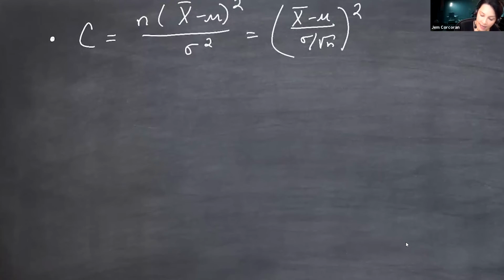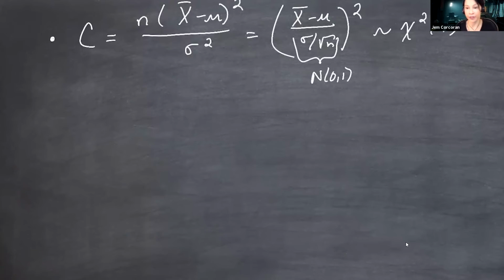And because x bar is normally distributed with mean mu and variance sigma squared over n, the thing inside without the square is normal 0, 1. So we're squaring a normal 0, 1, so we know that that has a chi-squared 1 distribution.